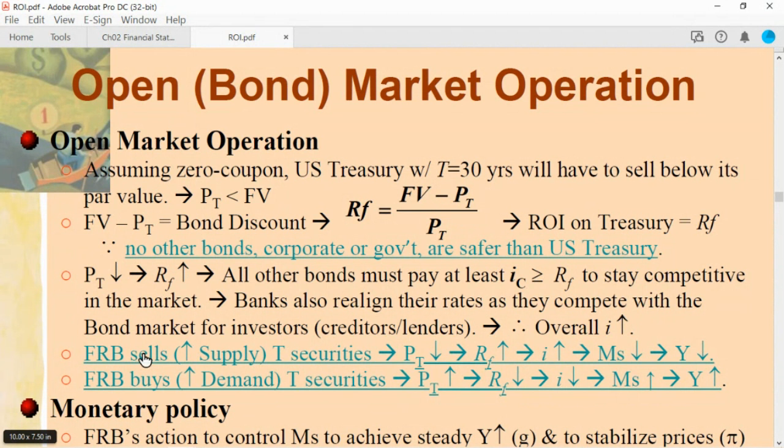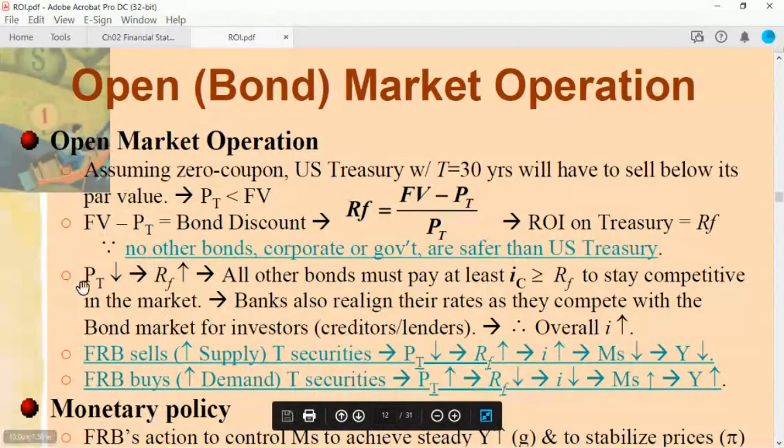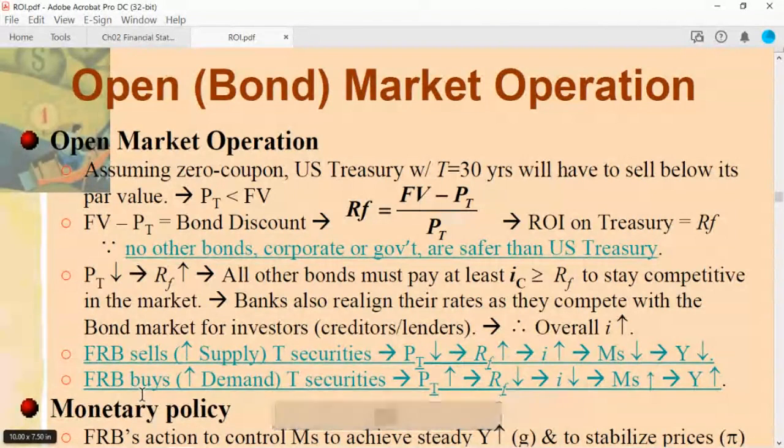And then the opposite is true. How does the price go up? If the Federal Reserve buys back treasury securities. When they buy back, what does that mean? Buy means demand, right?